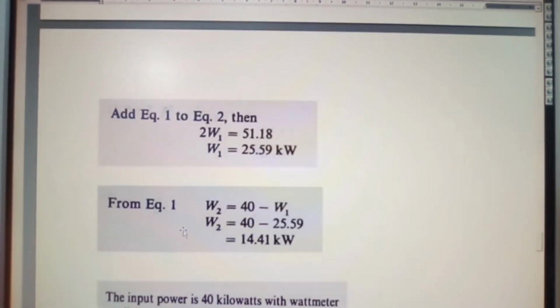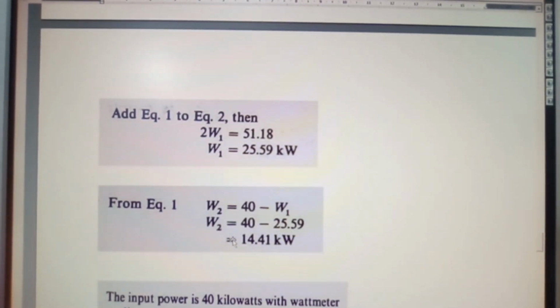Now here from equation 1, we have W2 equals 40 minus W1, and we have W2 equals 40 minus 25.59.